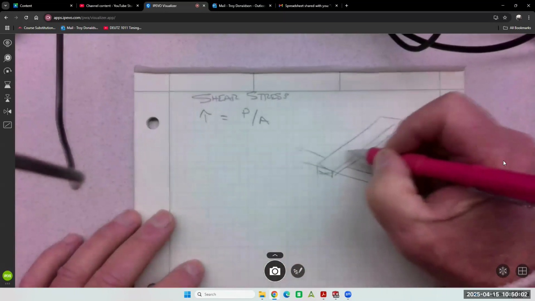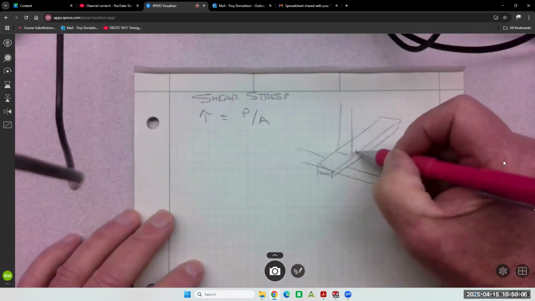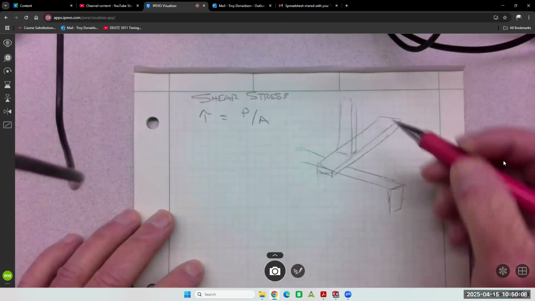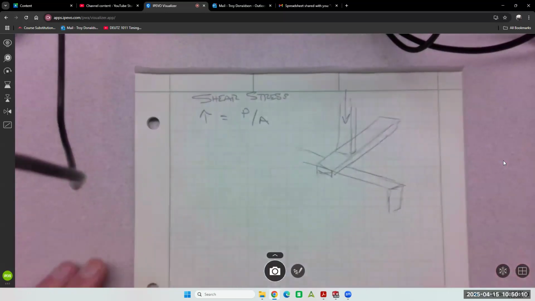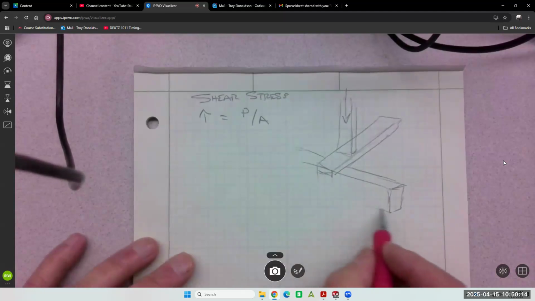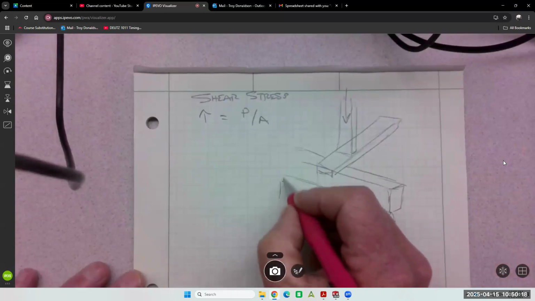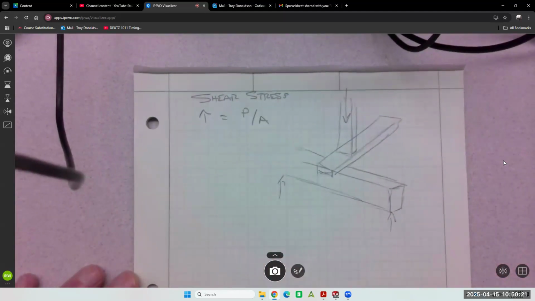And sometimes there's a wall or studs that come off, and the roof is coming down here. This is like some kind of beam, it's being carried here and here, and the loads get spread out.